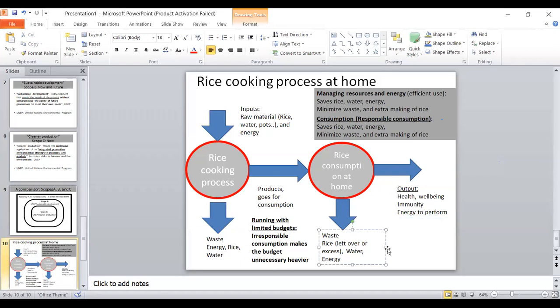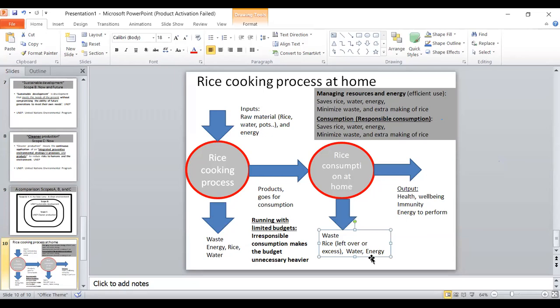So rice needs water and energy. Saving water and saving energy helps future generations. And even for fertilizer, we are using a lot of earth material, and we have phosphate deposits.